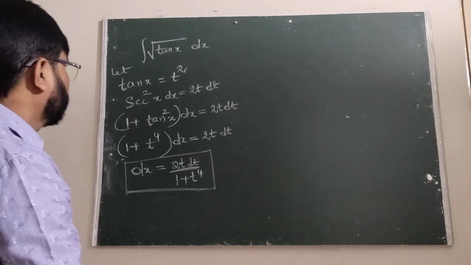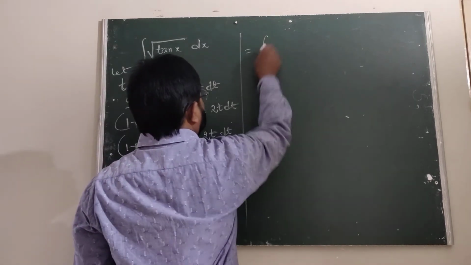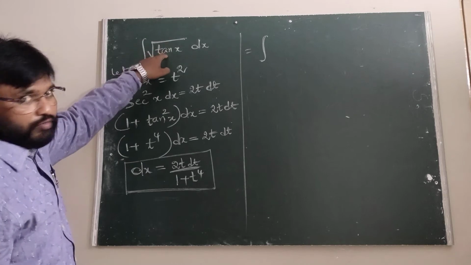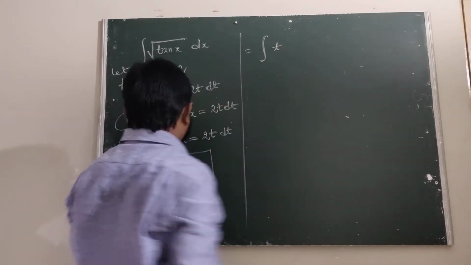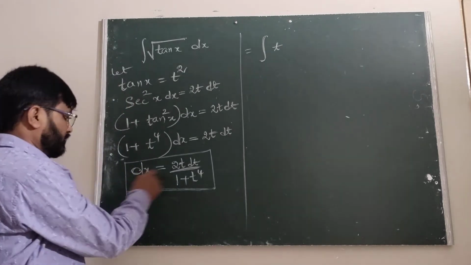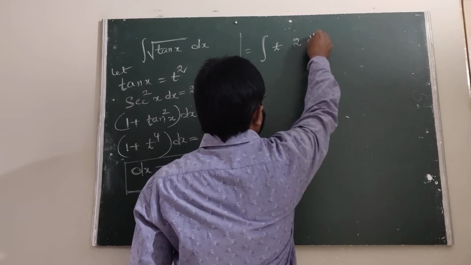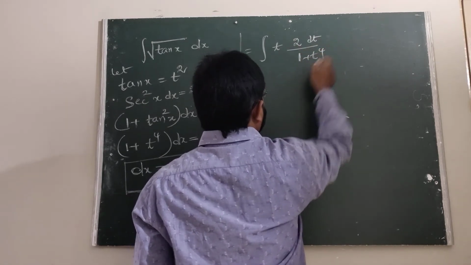Therefore, we are getting the integral of t square, which is t, after that dx is 2t dt upon 1 plus t power 4.